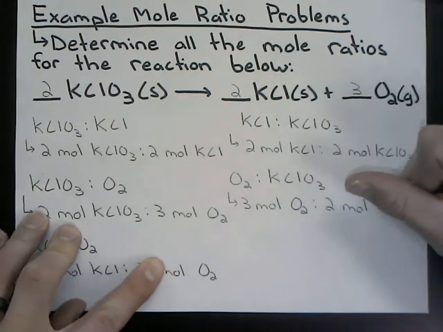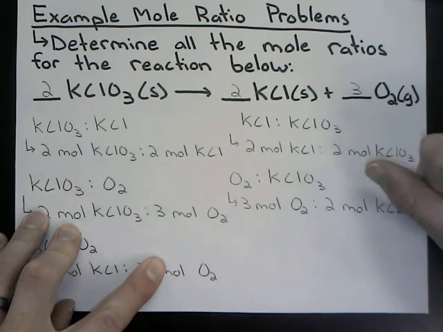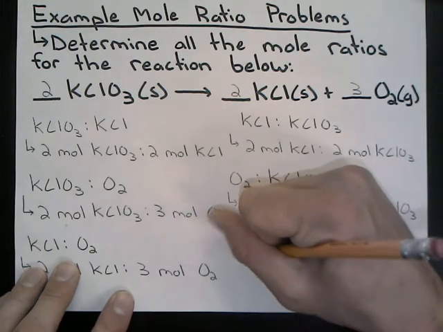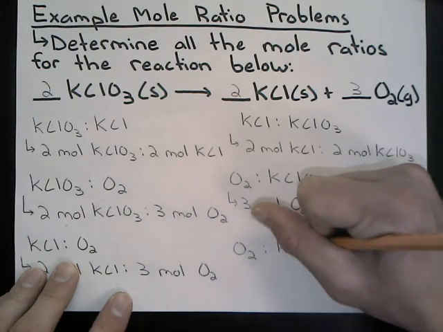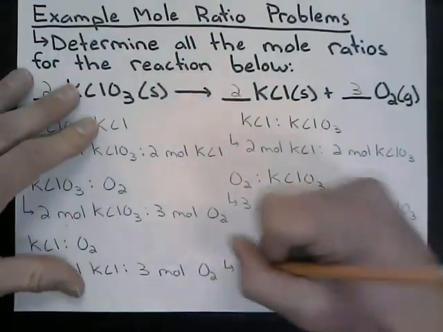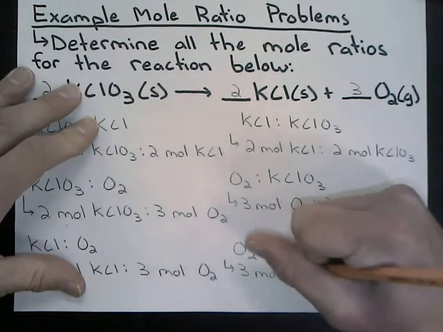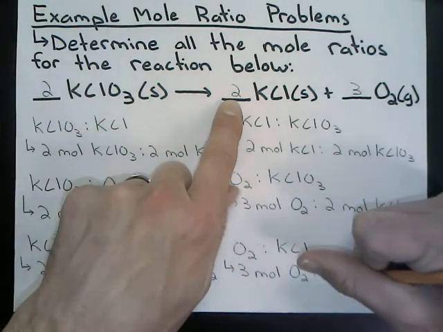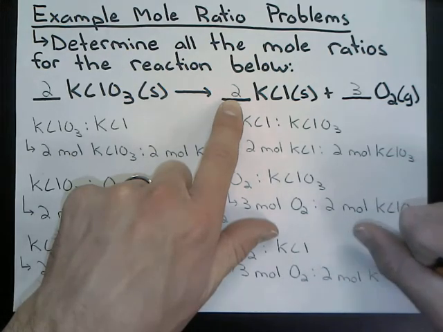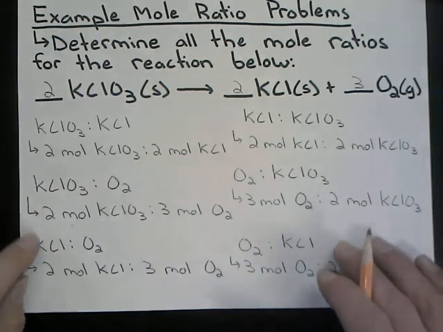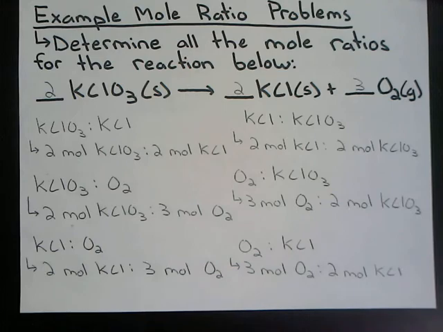And then our final mole ratio here that we need to find is going to be O2 to KCl. So the moles in front of O2 is 3, so 3 moles of O2 to how many moles of KCl? 2 moles of KCl. And this right here becomes all of our mole ratios. So again, I forgot to flip-flop them. And these 6 values would be all of our mole ratios.